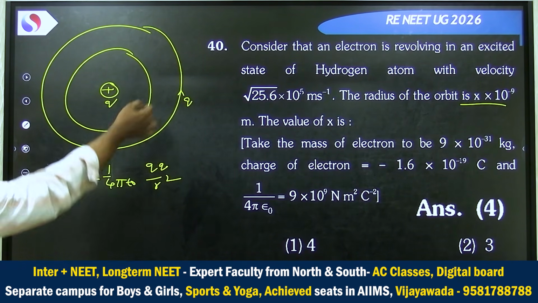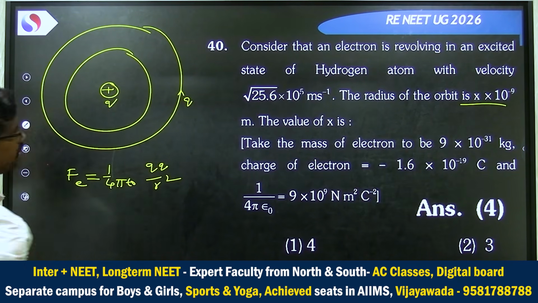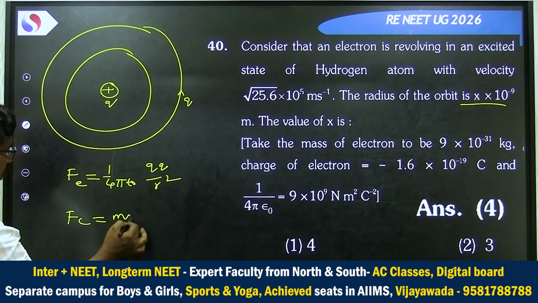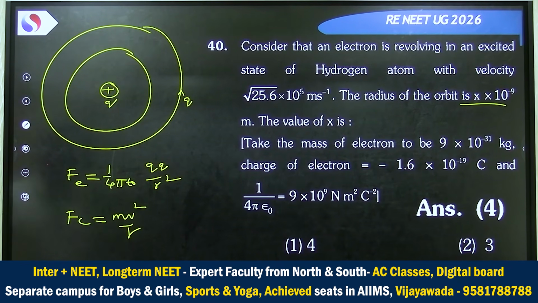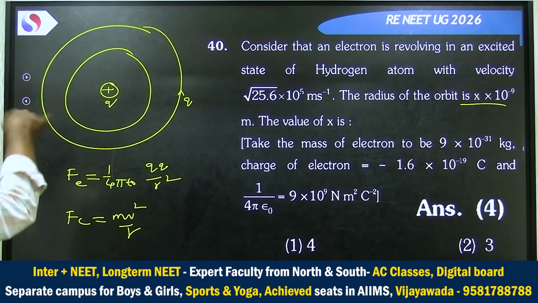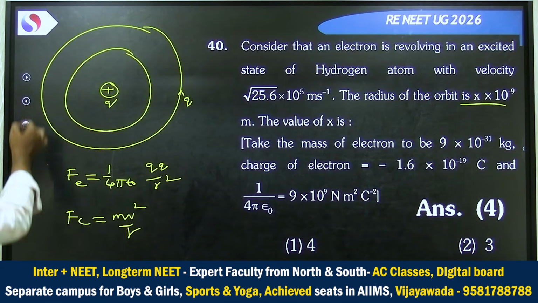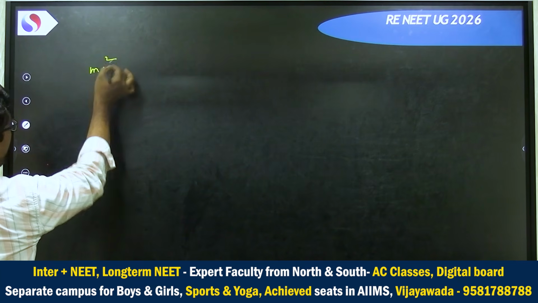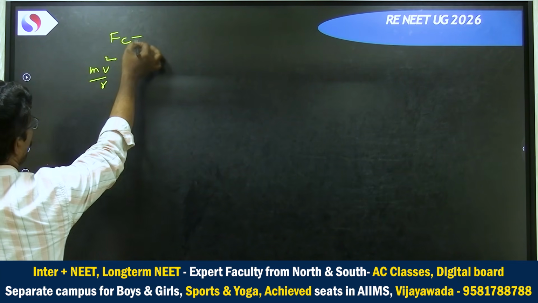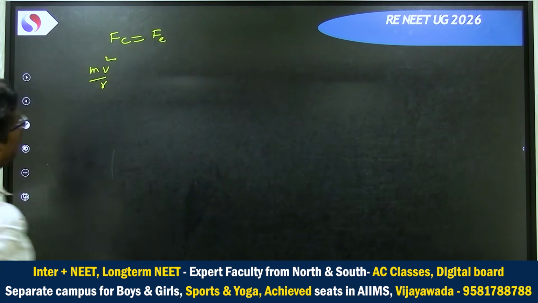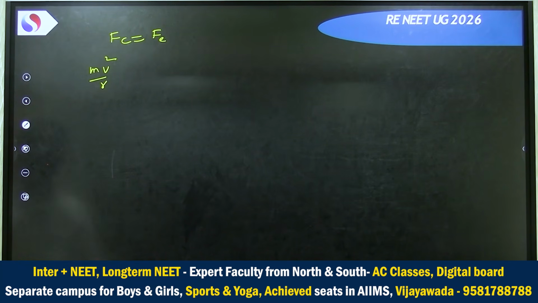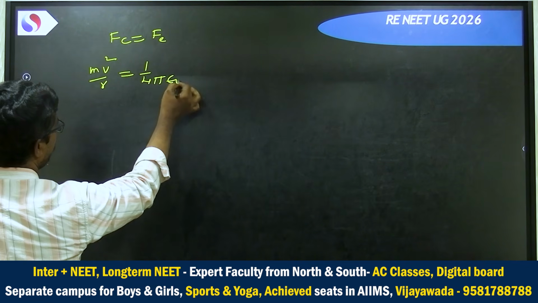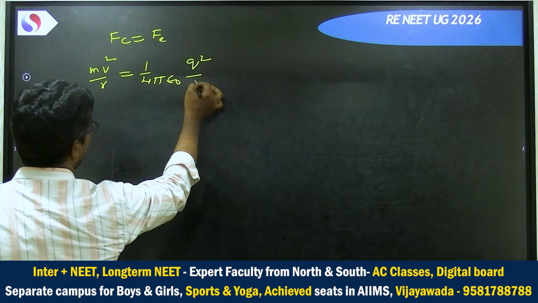This charge is also revolving in a circular path, so this force acts as a centripetal force. The centripetal force Fc is equal to mv square by R. When these two forces are balanced, the charged particle revolves in a circular path. So the centripetal force equals the electrostatic force: mv square by R is equal to 1/4πε0 Q square by R square.